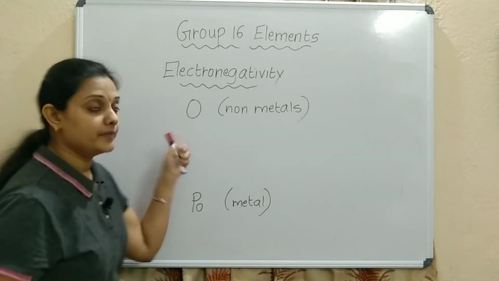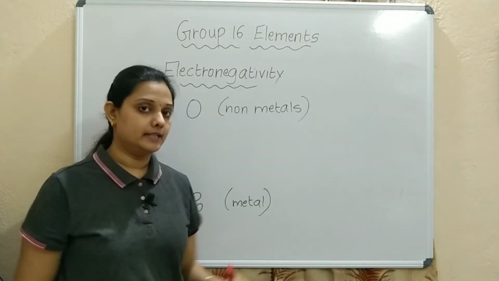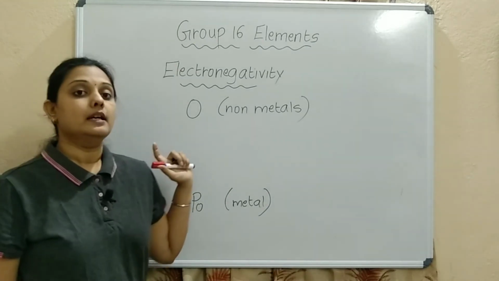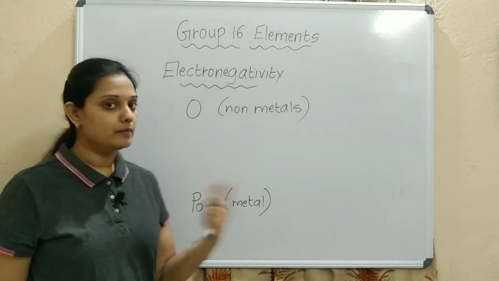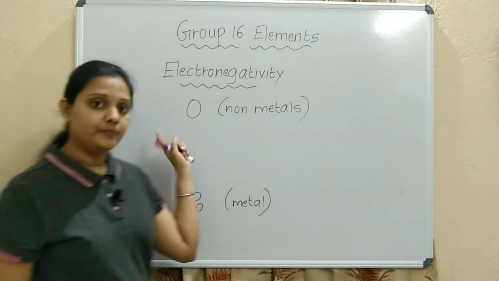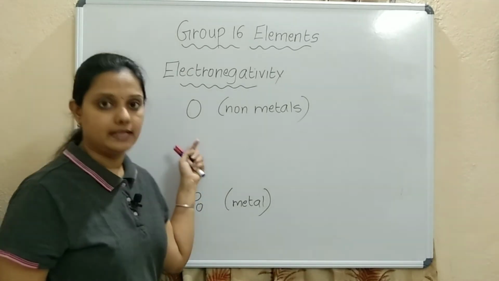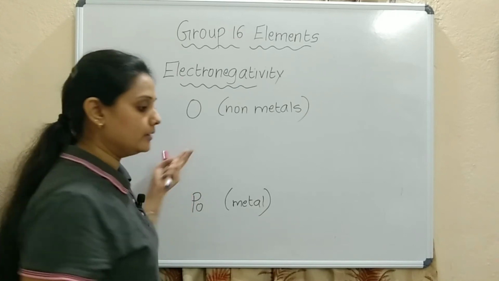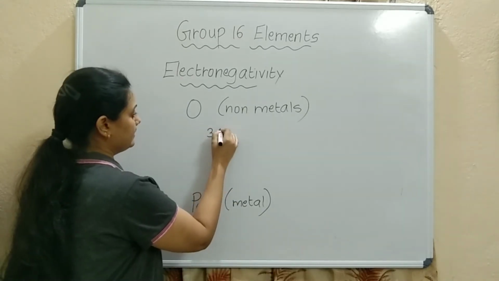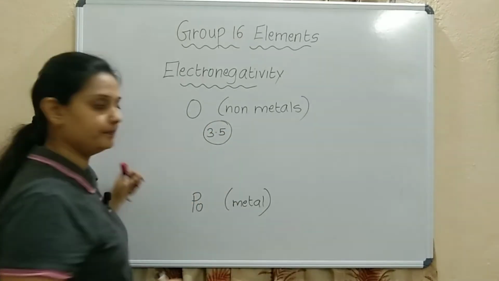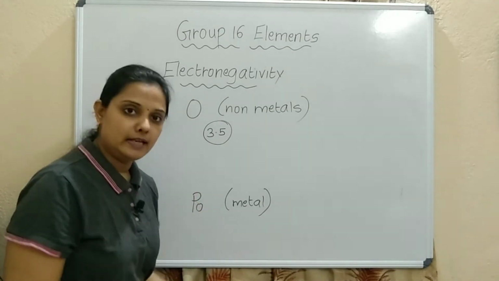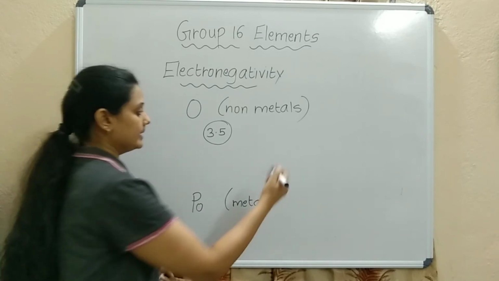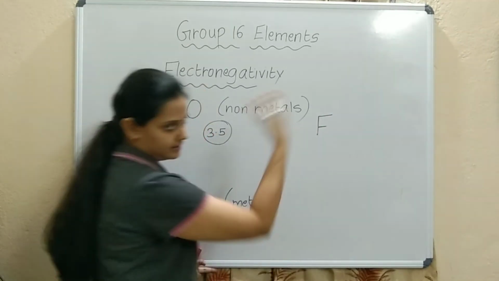And remember, in the entire periodic table, oxygen is the second most electronegative element. Its electronegativity value is 3.5. And the most electronegative element in the entire periodic table is fluorine, the next group element, right?